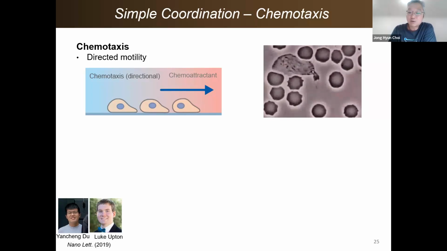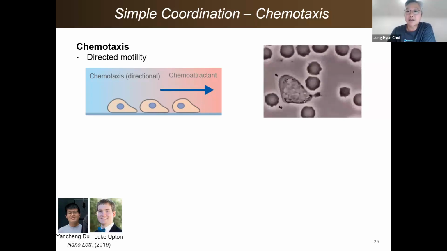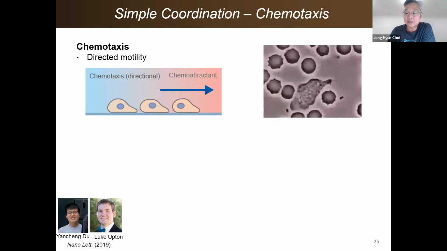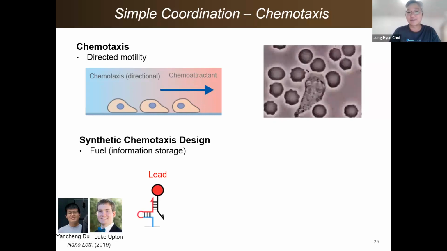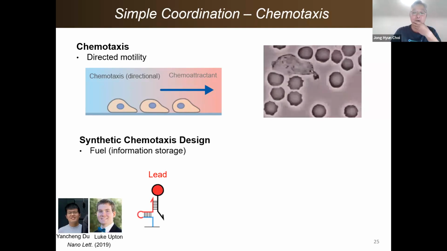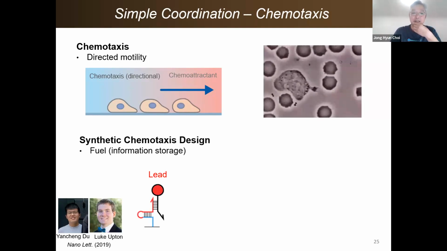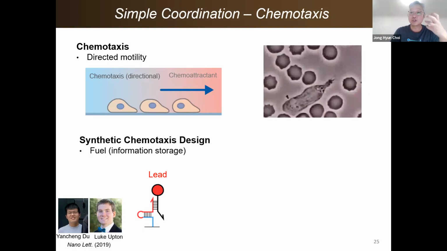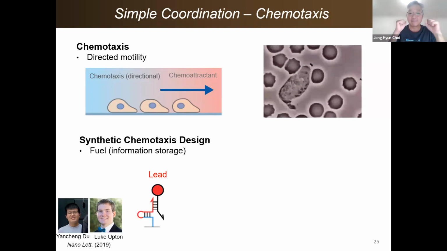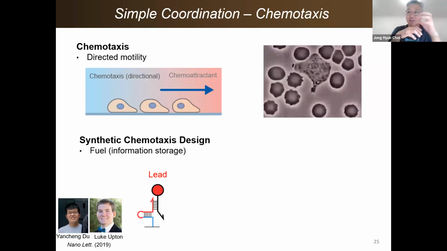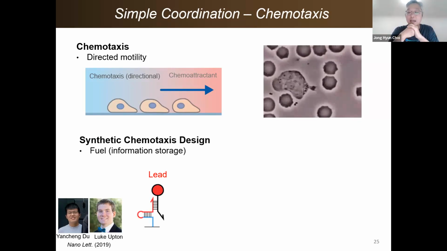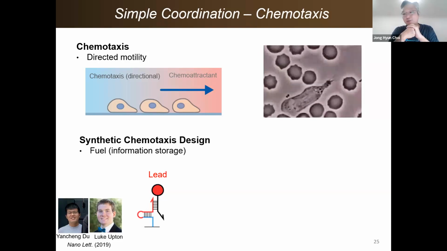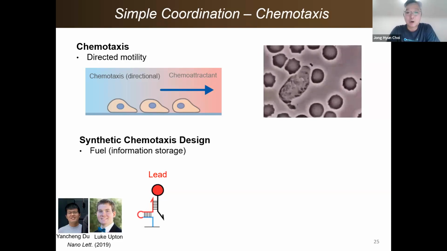So we wanted to come up with a vesicle system such that we can do similar chemotaxis. We call it synthetic chemotaxis. To do that, we designed two species of vesicles. We call them lead and follow. In our cartoon, we use pseudocolor red for lead, and green for follow.